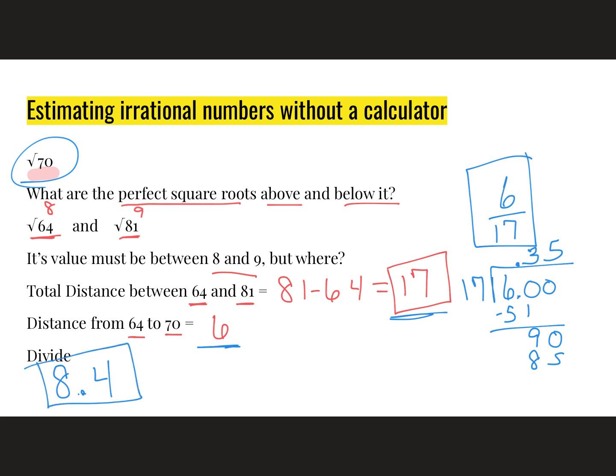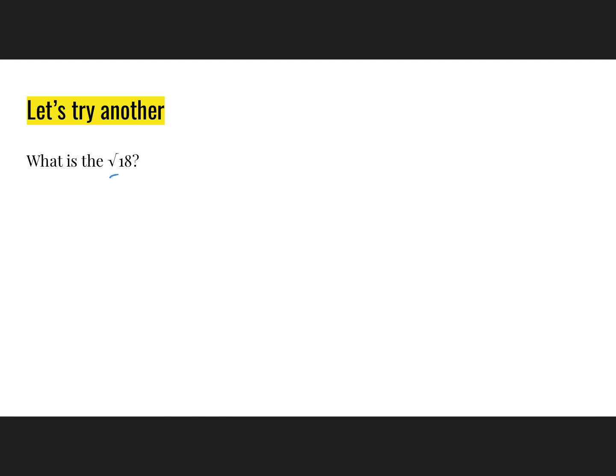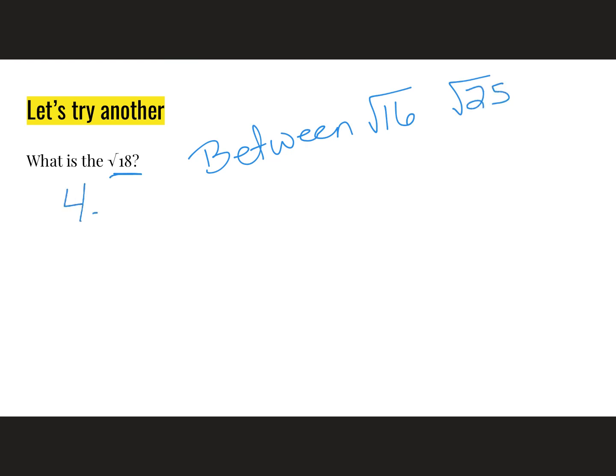So one more practice. What is the square root of 18? So the square root of 18 is between the square root of 16, which is our perfect square below it, and the square root of 25. So it's going to be 4 point something.